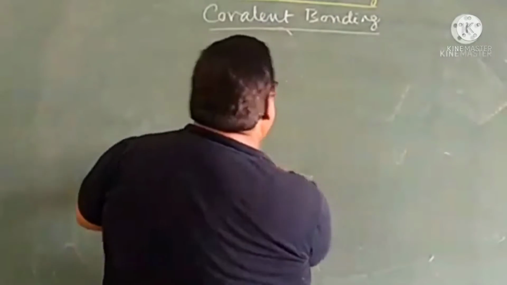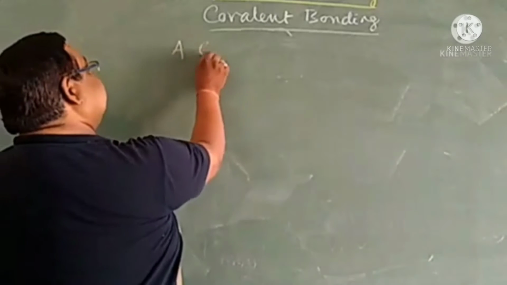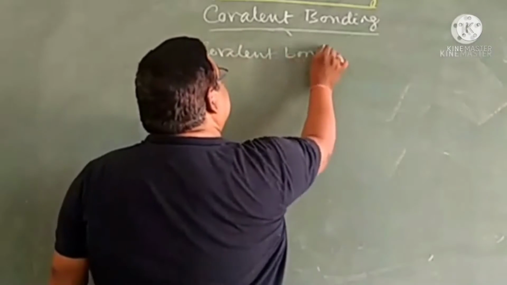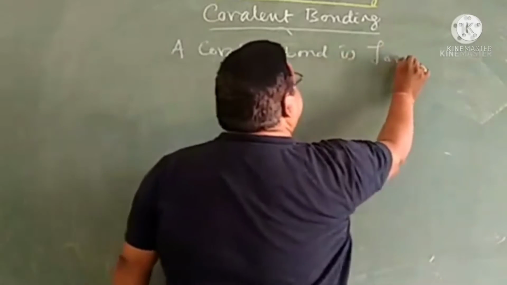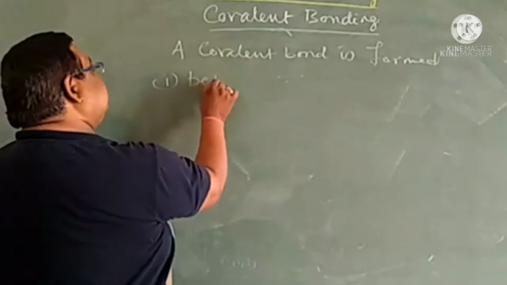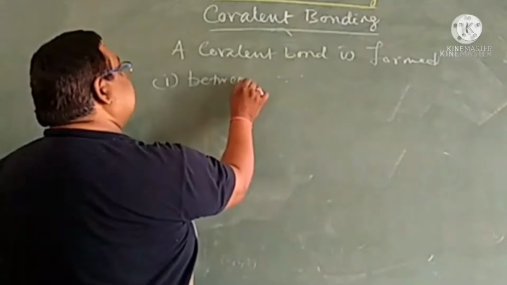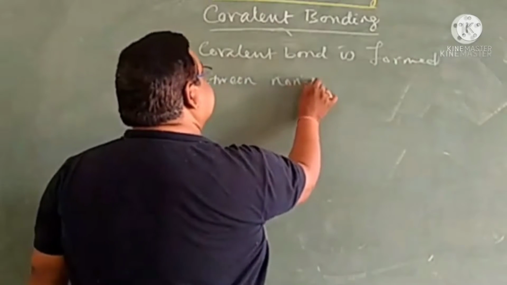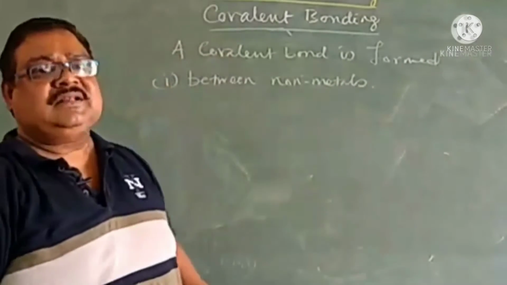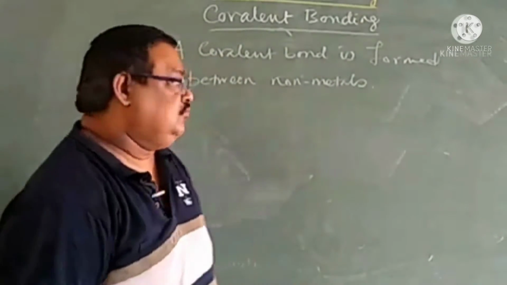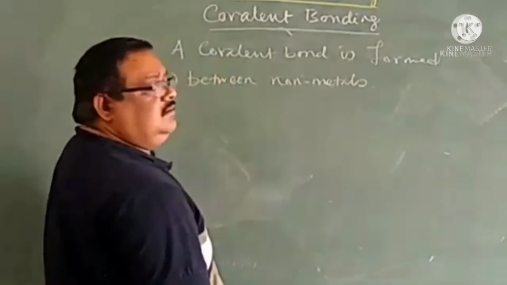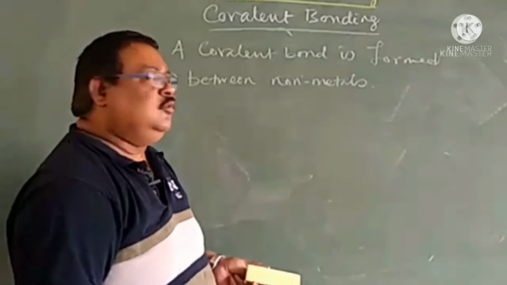So, normally a covalent bond is formed between non-metals. Generally, non-metals form covalent bonds. Non-metals which are on the right side of the periodic table generally form covalent bonds.